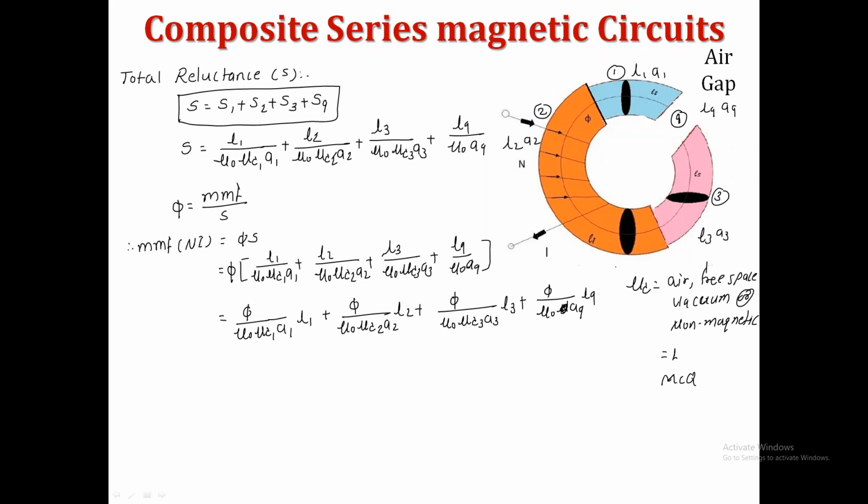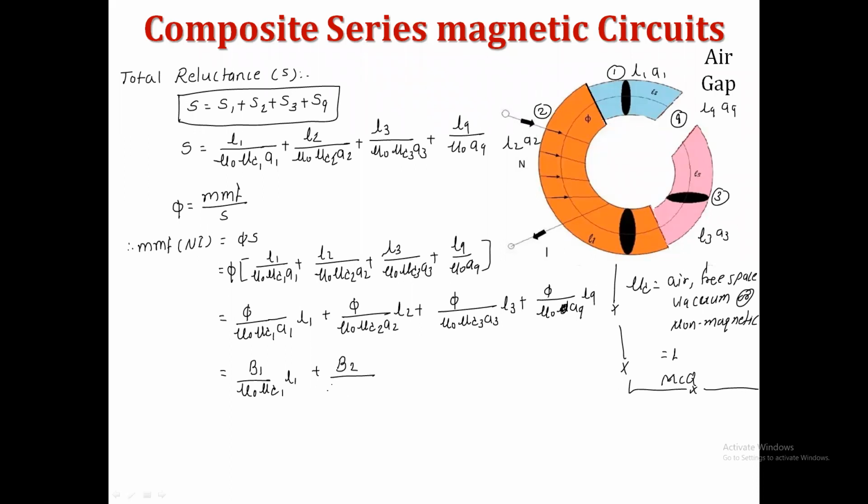Yes or no? Yes. Now according to the definition of flux density, phi upon a, what we can say? It's B, the flux density. This phi upon a1 I can write as b1 upon mu 0 mu r1 into L1, plus phi upon a2. Here the area of cross section is different, that's why b1, b2 come here.